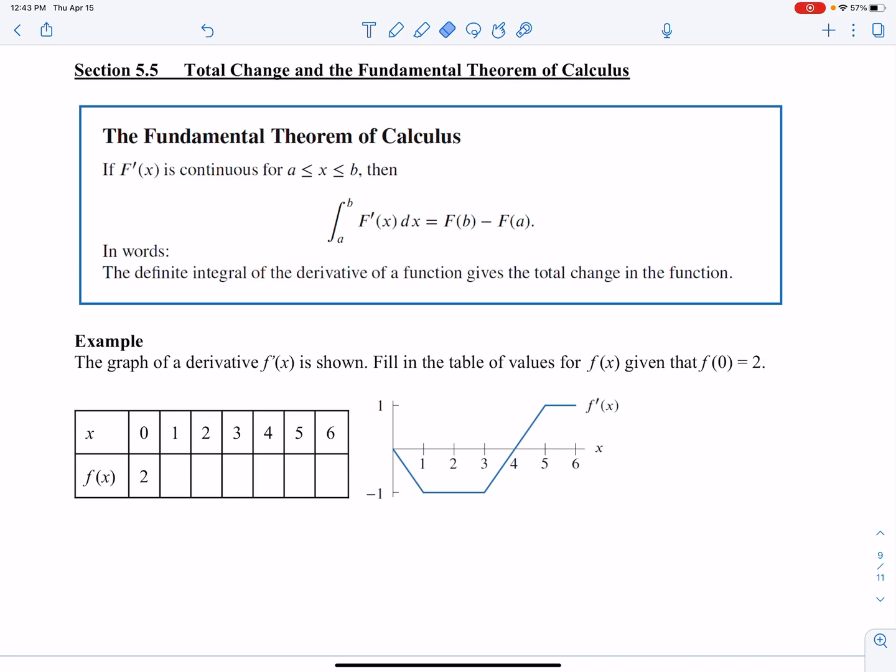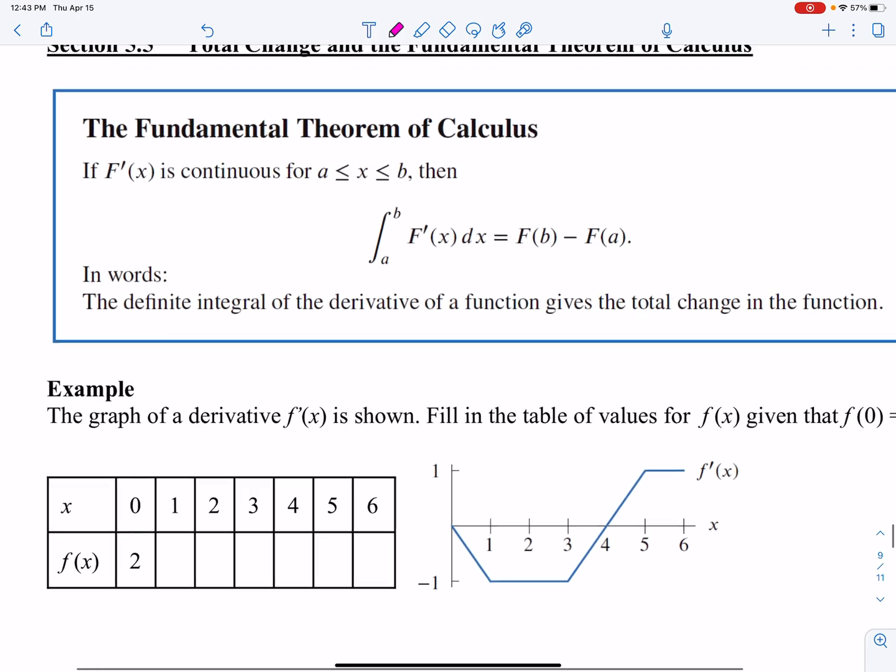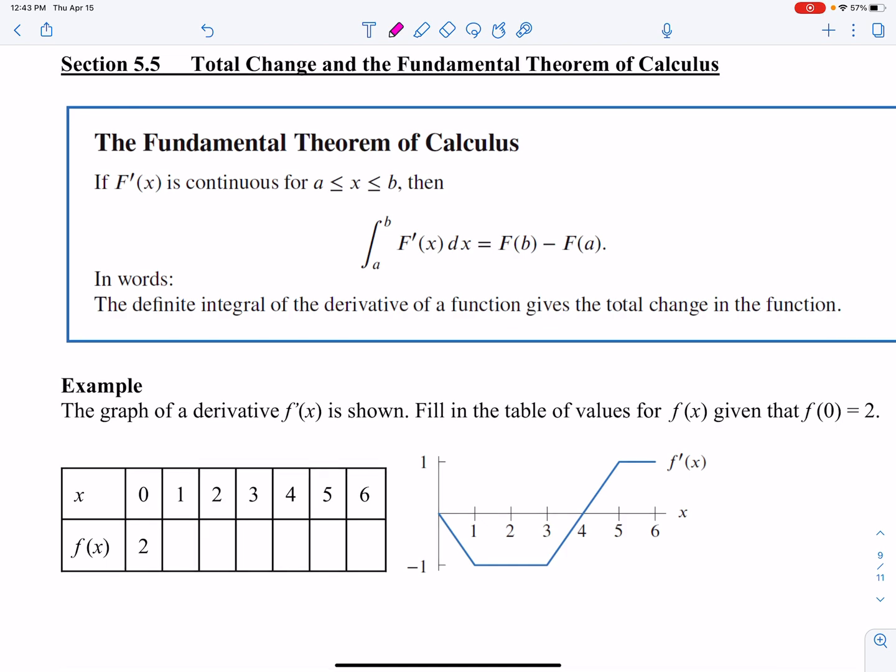So section 5.5, the total change and the fundamental theorem of calculus. All right, so the fundamental theorem of calculus. So capital F prime of x, in other words, the derivative, is continuous for x between a and b. All right. Again, that just means you can draw that function without lifting your pencil.